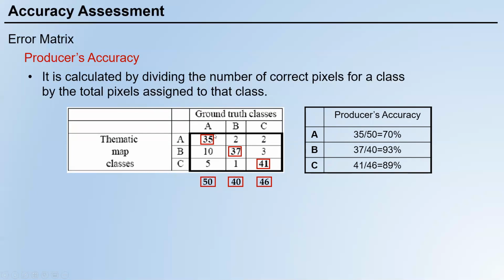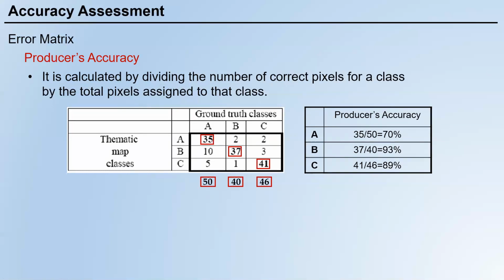For example, for A, there should be 50 pixels identified by my classification method, but it only identified 35 of them. The rest 15 were wrongly classified. That is not something I want. So I calculate the ratio between 35 and 50 to get a percentage of 70. Okay, so that's producer's accuracy.